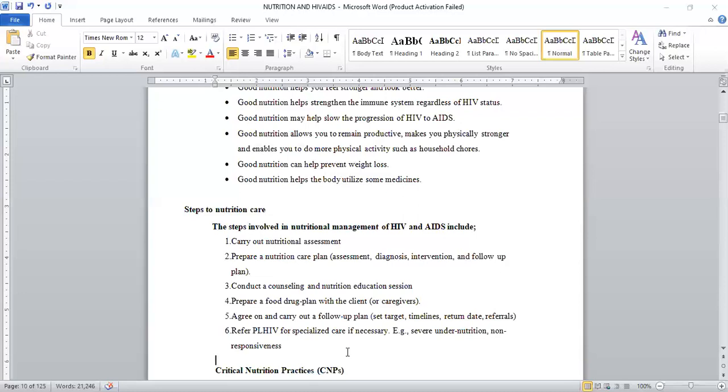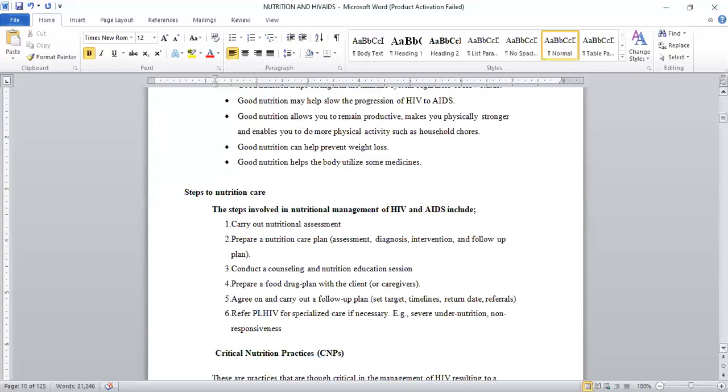This person should be referred for further checkup. Maybe they have an underlying issue in their body which needs to be checked and treated. So you need to refer them to specialists to ensure that their health is checked by all cadres, so that they are treated in a wholesome way.